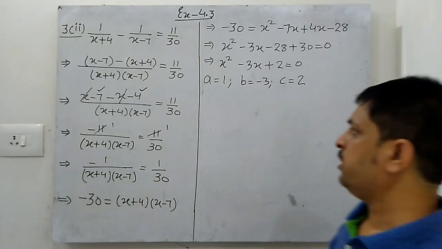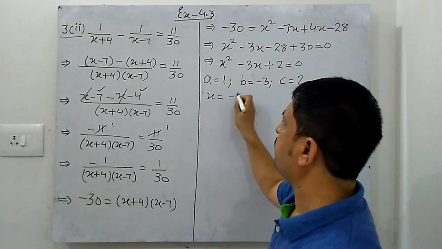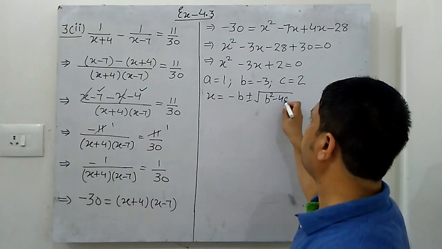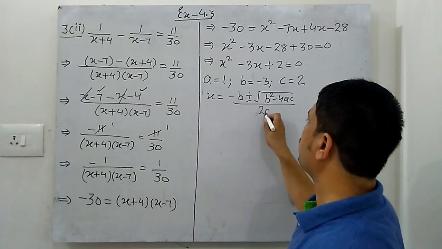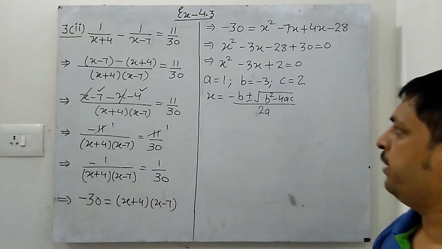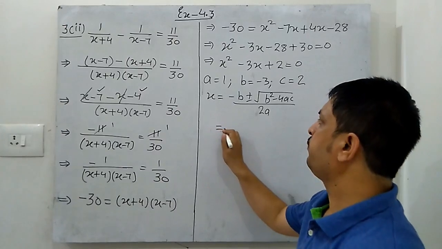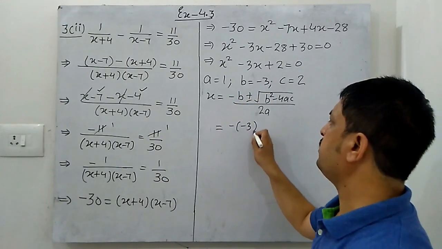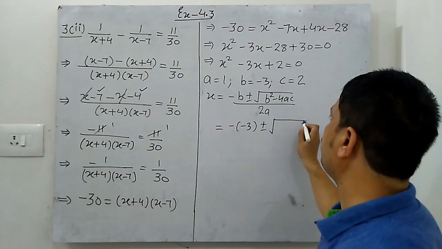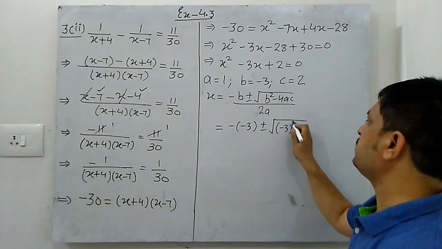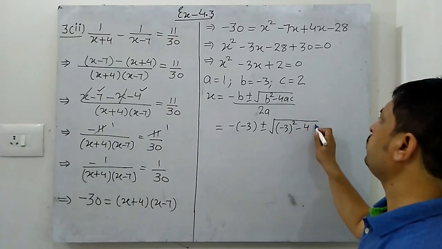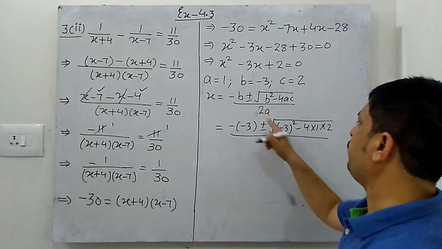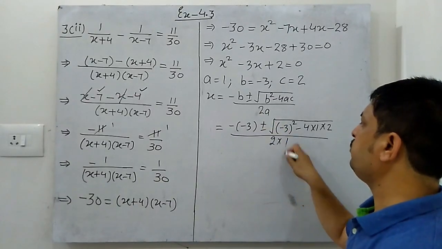Now we are applying the quadratic formula, that is x is equal to minus b plus minus under root b square minus 4ac upon twice of a. Now we can put the values of a, b and c. Minus b, it is already minus, so minus of minus 3 plus minus under root b square, 3 square, minus 4 into a into c, upon twice of a, that is 2 into 1.